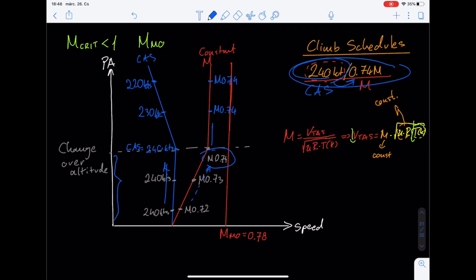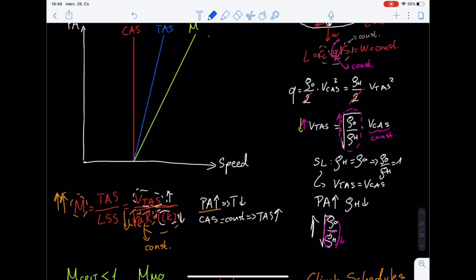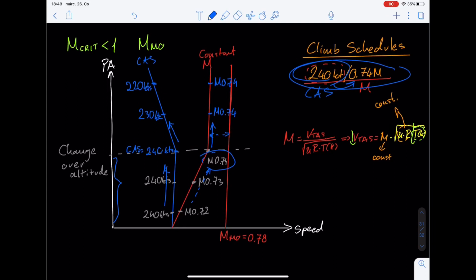Therefore you keep climbing, looking at the Mach meter, maintaining 0.74, and the airspeed indicator is going to indicate that your calibrated airspeed is actually decreasing throughout the climb, right? But what's important is that you maintain this buffer from the maximum operating Mach number, which is given to you with regards to the maximum critical Mach number, and also the high speed buffet, which you will learn about in Principles of Flight in the high speed aerodynamics.